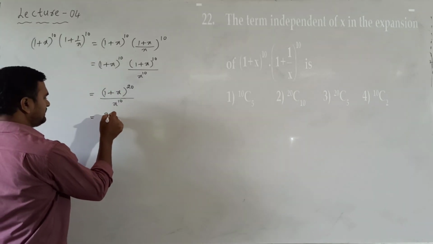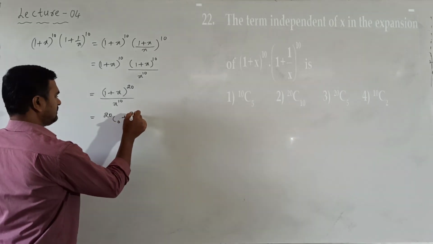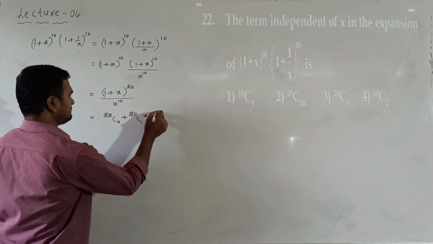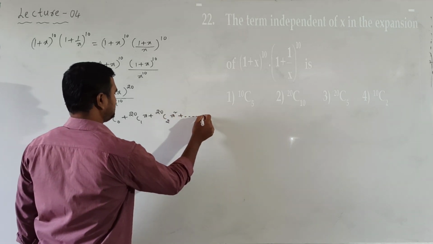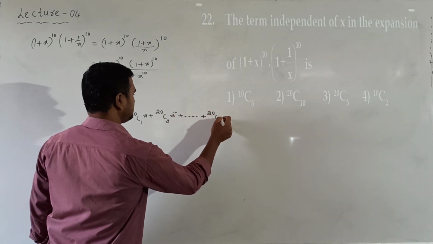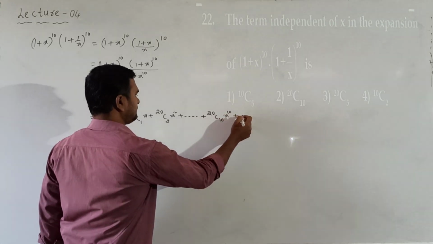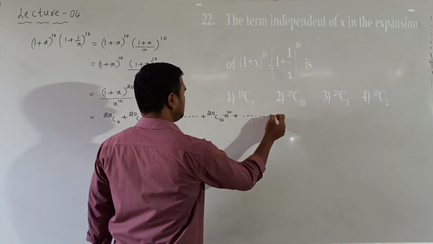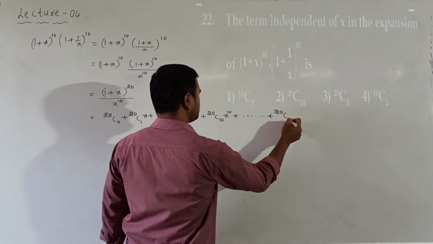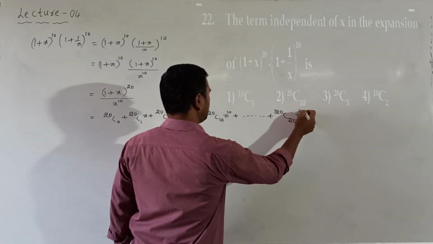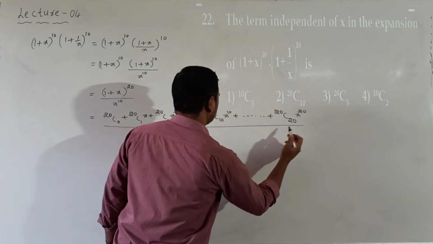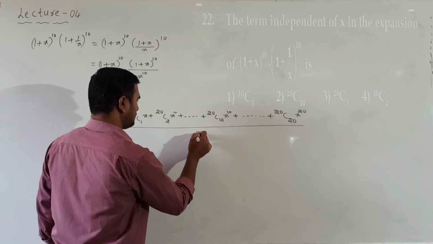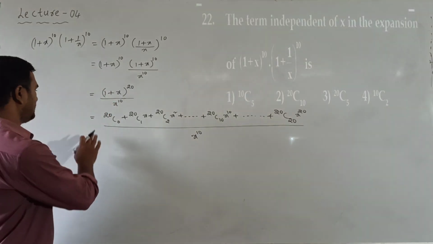This is of the form 20c0, 20c1 x, and so on, 20c10 x^10 and so on, 20c20 x^20. Now each of these terms we are dividing by x^10.